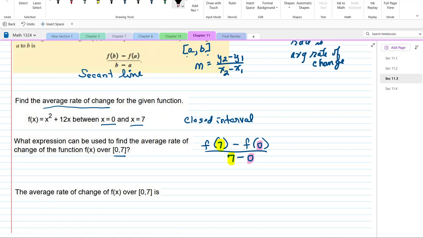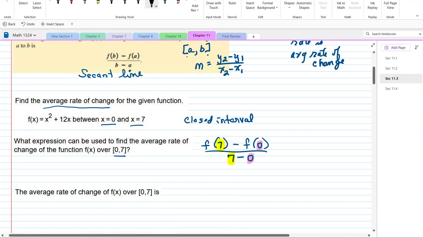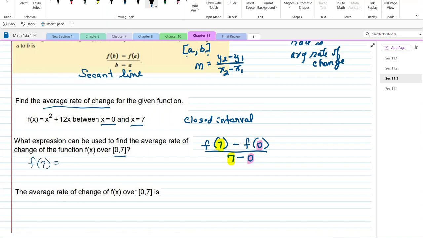So let's do the math on this and find out what it is. So we're going to do f of 7, which is going to be 7 squared plus 12 times 7.